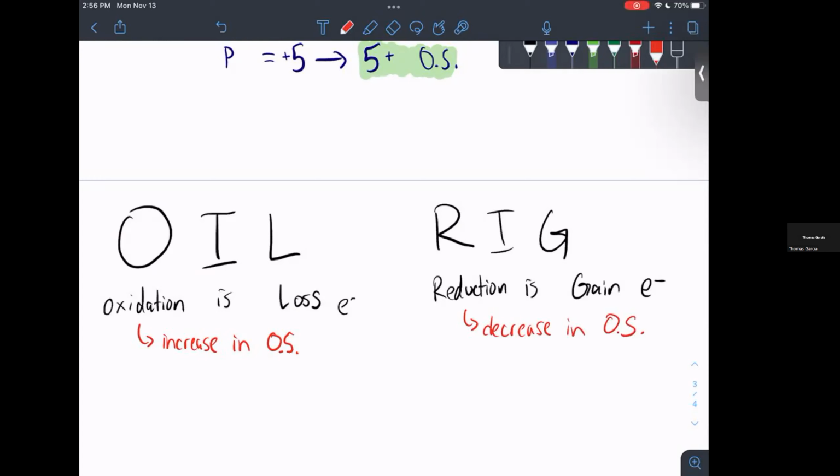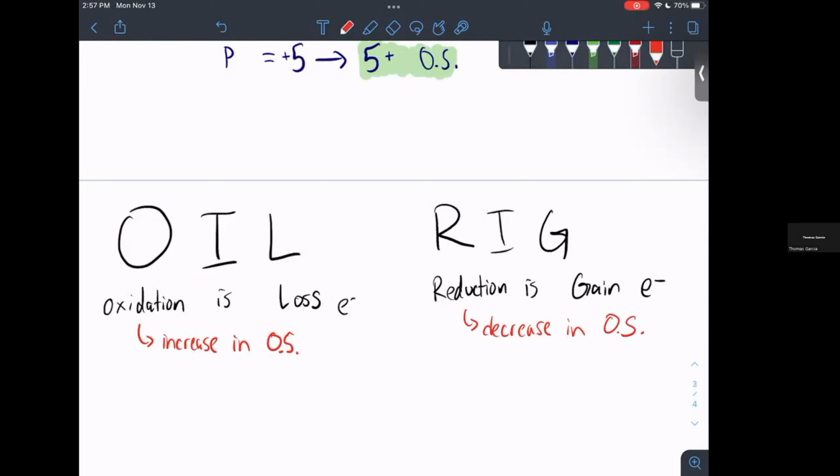And one of the really challenging things about redox is that you're going to have to get used to using these words a lot, which are almost counter to each other, but really they mean the same thing. Loss of electrons is increase in oxidation state. Gain of electrons is decrease in oxidation state. And so you have to make sure that you're not getting confused with the loss and the gain, the increase, the decrease, electrons or oxidation state that may already be confusing right now.